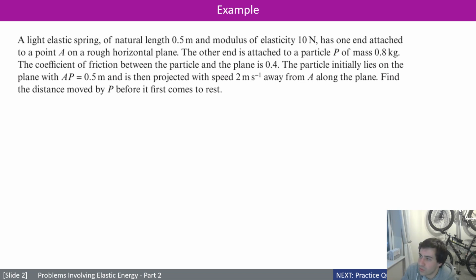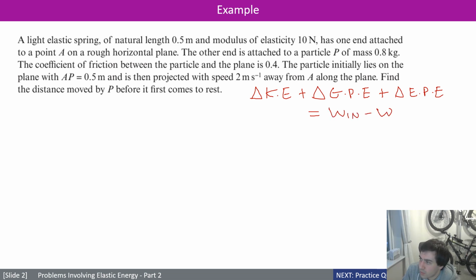And now we've got the full version, which I'm going to write again: change in kinetic plus change in, I'm going to start calling it GPE actually, to be more specific. That's gravitational potential energy. I think it probably is a good habit. So those three changes added up are equal to work in minus work out.